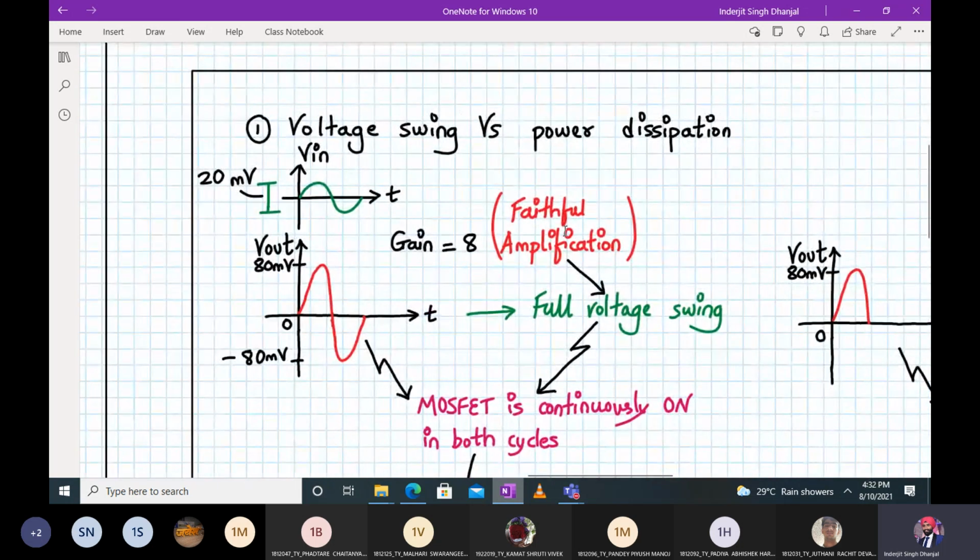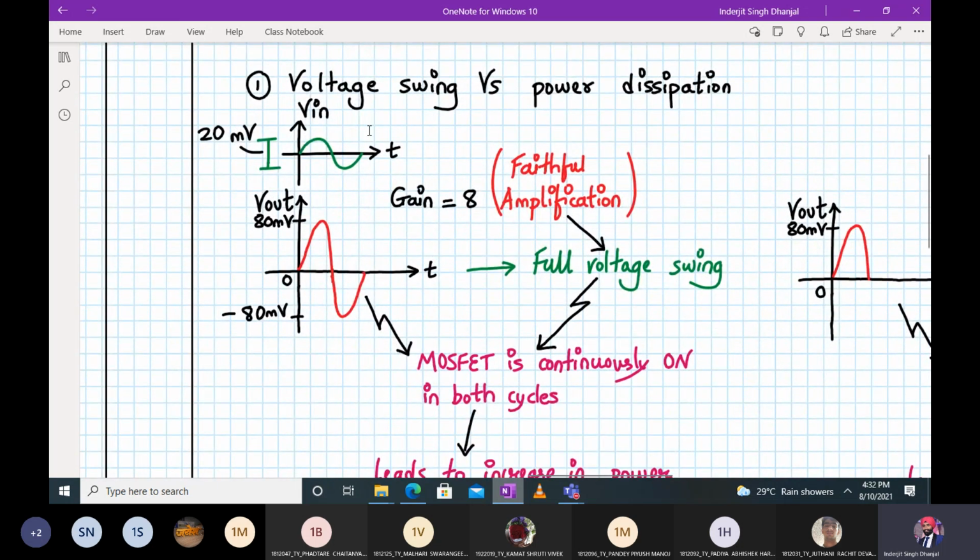So let's see a classic example. Let's consider the input is of amplitude 20 millivolts, and we have designed an amplifier which will provide a faithful amplification. At the output, we have a gain of 8. Actually this should be 10 millivolt; by mistake it is written as 20 millivolt.